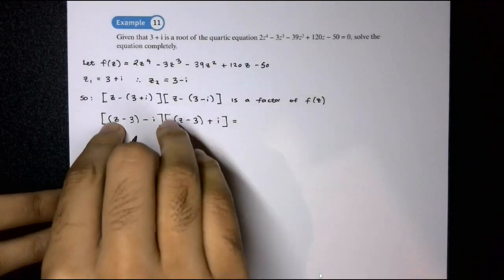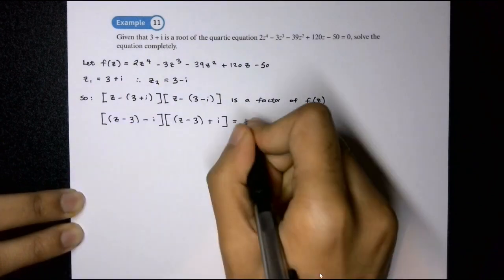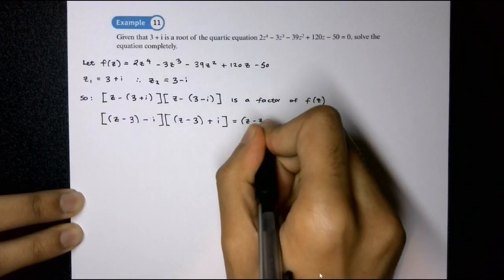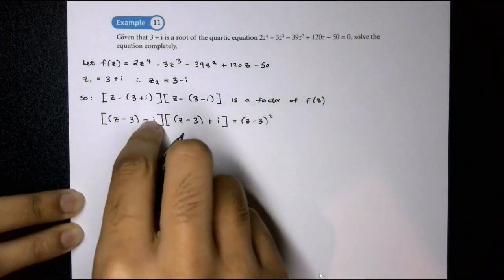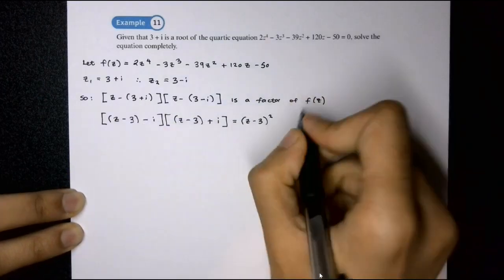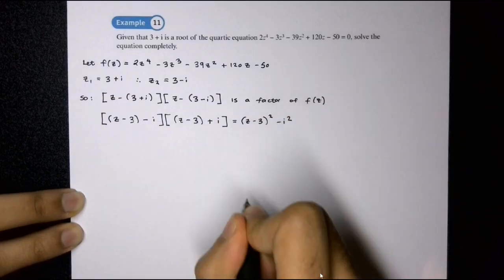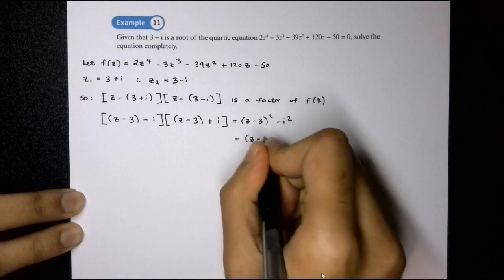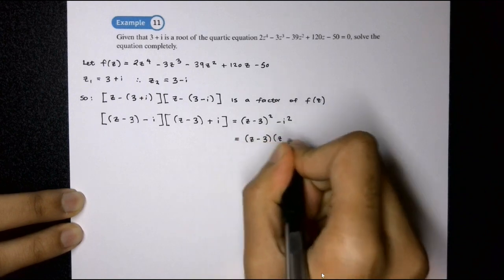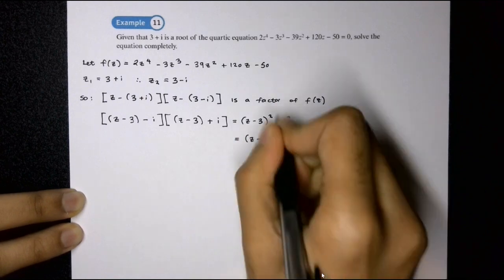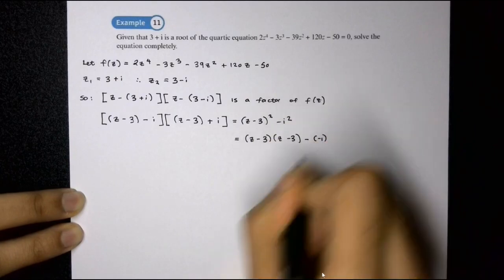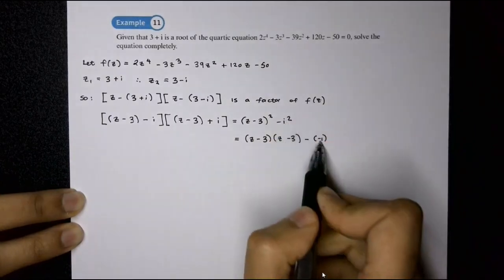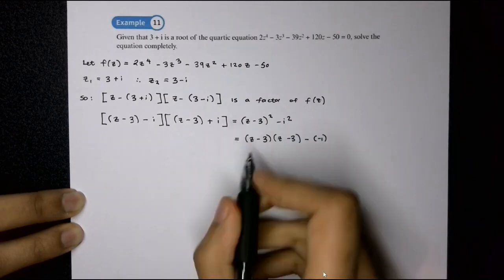We have z minus 3 lots of z minus 3, so that's z minus 3 all squared, and then we have minus i times positive i, that's minus i squared. So we have z minus 3 squared, and we subtract off minus 1, of course, i squared is the same as minus 1.